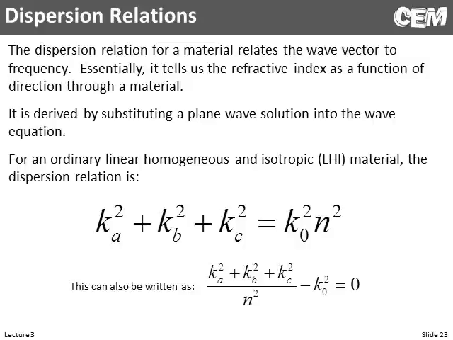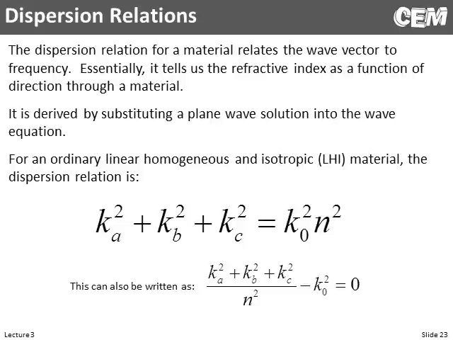Essentially, it tells you what magnitude k can be depending on what direction it's pointing, which is sort of strange. Remember, k kind of implies refractive index. So if we pick a direction, its magnitude will be the refractive index that a wave sees in that particular direction.